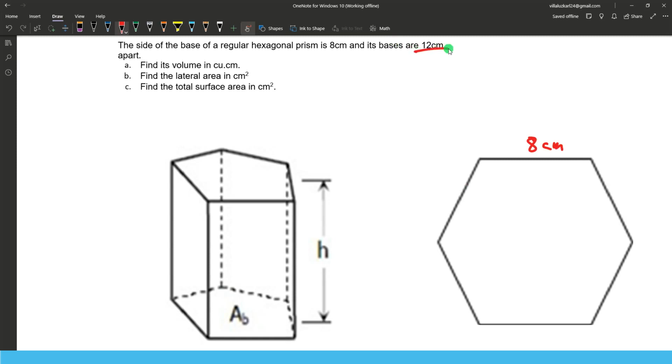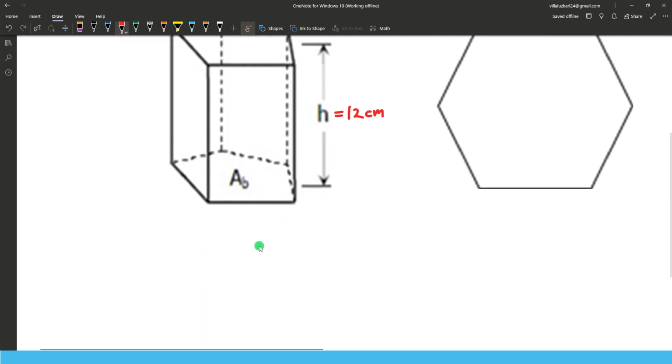Its bases are 12 centimeters apart, so we have an h of 12 centimeters. Determine A, the volume, first. Since this is a regular hexagonal prism, we can simply apply the formula V equals area of the base times the altitude.